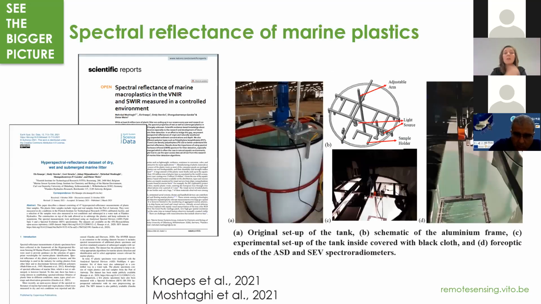We started with this about 3-4 years ago with a Hyperproject. The goal was to better understand the spectral reflectance of marine plastics, so we designed a tank experiment. In the middle, you can see a picture of the original tank.